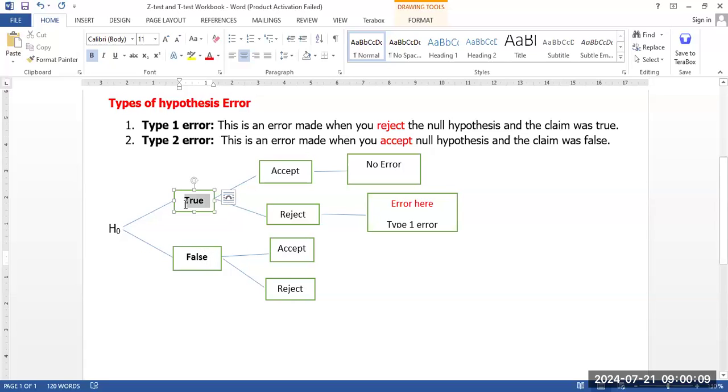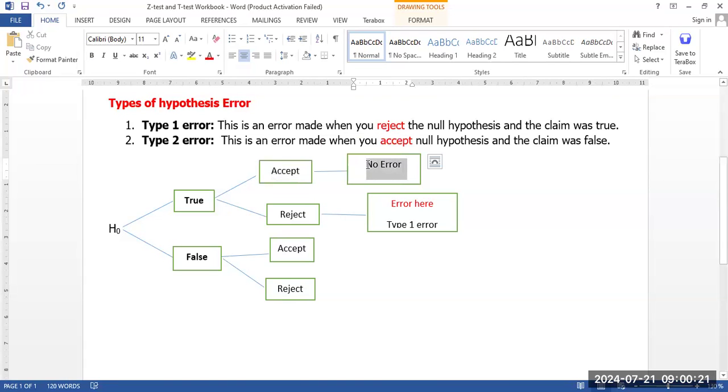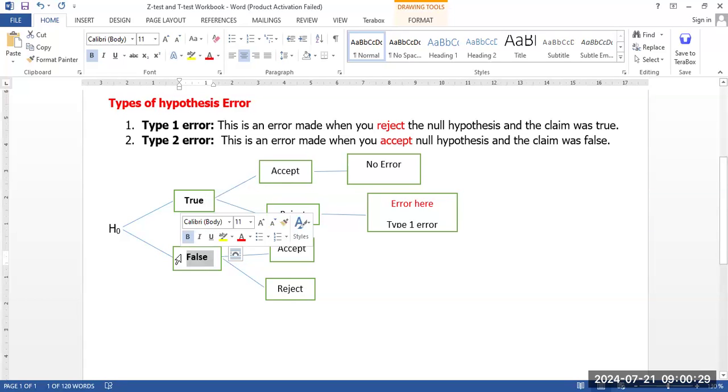If what you stated was wrong, we expect you to reject in the conclusion. If what you stated was true, then we expect you to accept. That's why we are saying here there is no error, because what you stated was true. But here, if what you stated was false, then how can you accept the false hypothesis?